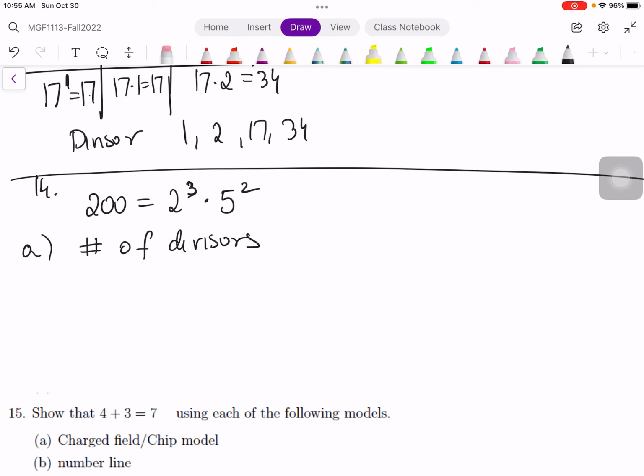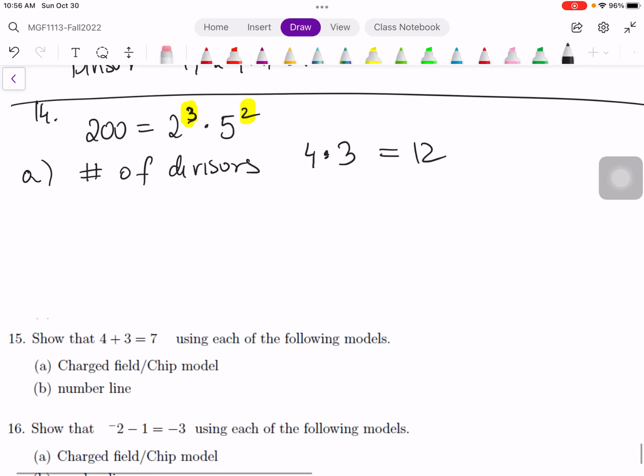Look at the powers. It's 3 and 2. So you increase each by 1: 3 plus 1 will be 4, 2 plus 1 will be 3. And what's their product? 12. So you know you have 12 divisors. Now you can just list the divisors that come to your mind, and you know you have to list all 12.